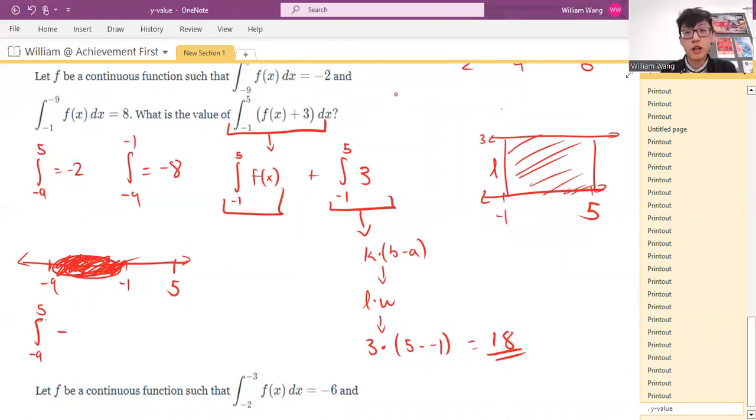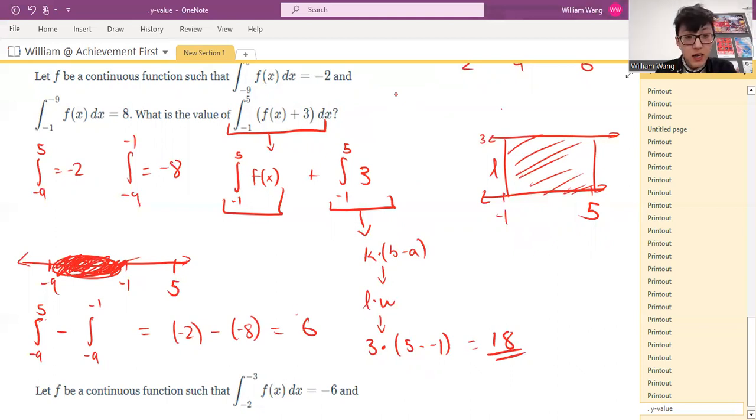I just cancel it out by subtracting it. So minus my integral from -9 to -1. So what does that equal? My integral from -9 to 5 is -2, minus my integral from -9 to -1, which I calculated is -8. Minus -8, so that's equal to 6.